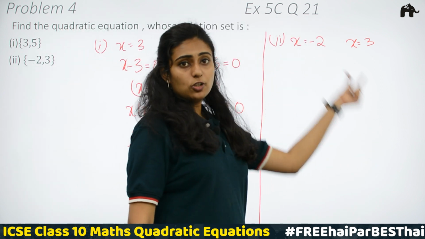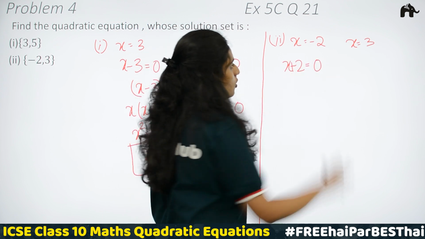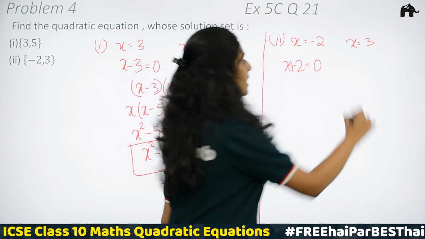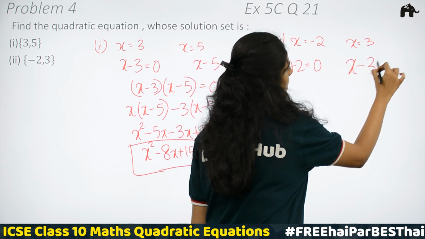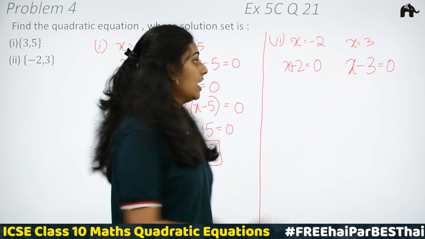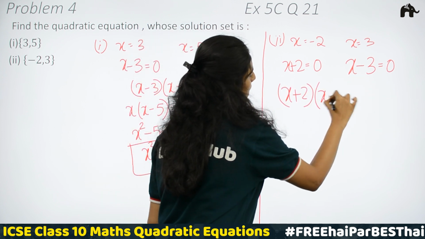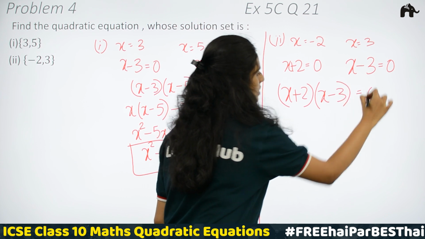If x is equal to minus 2, then x plus 2 is equal to 0. If x is equal to 3, then x minus 3 is equal to 0. Next step, taking the product. x plus 2 into x minus 3 is equal to 0.